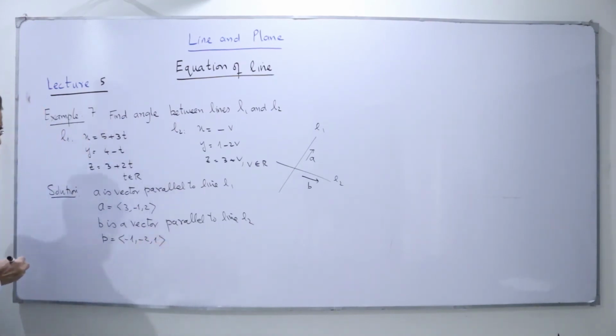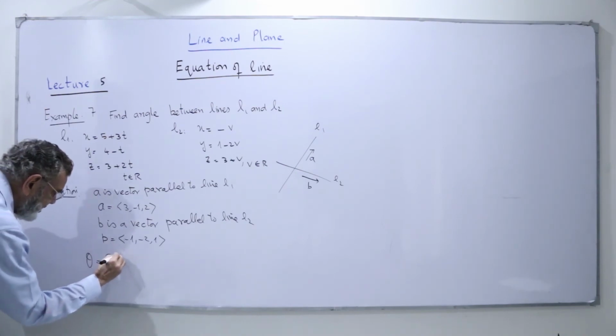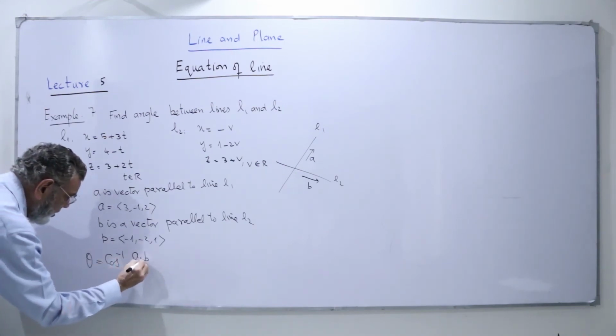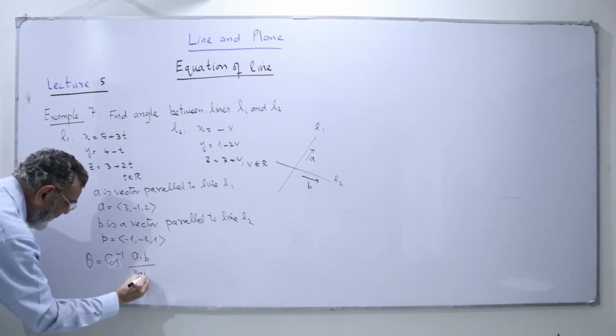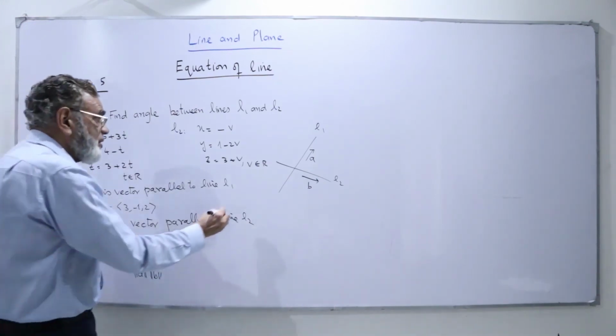Now we can write the angle between these two. Theta is equal to cosine inverse of A dot B over magnitude of A and magnitude of B. We find the values and substitute in our equation.